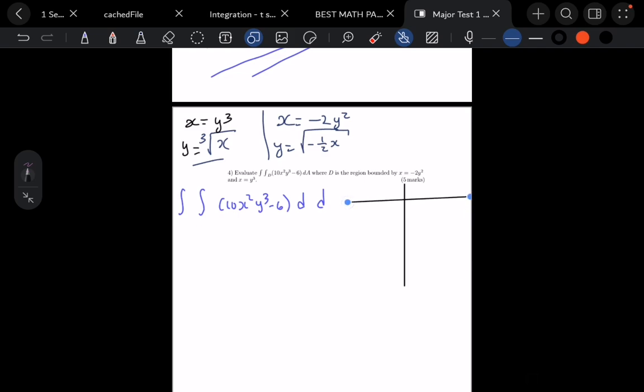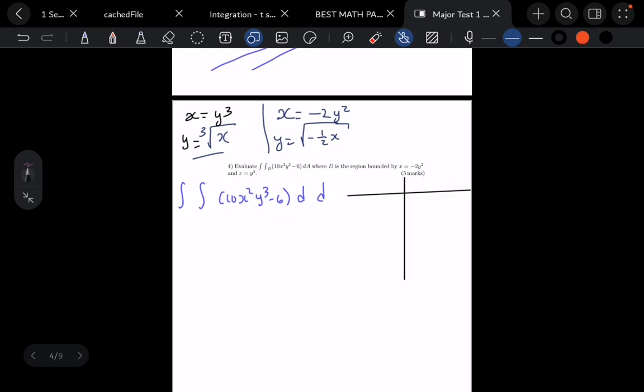Because you need to look at this. Now, for x equal to minus 2y squared, if you substitute a value of y, which is going to be positive, I'm going to get a value of x which is negative. Actually, your values of x here will always be negative.